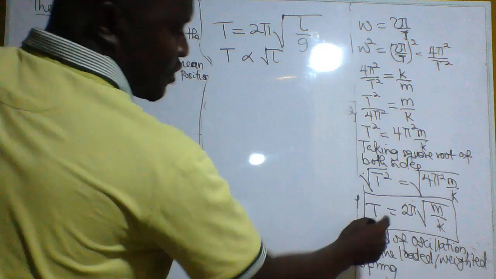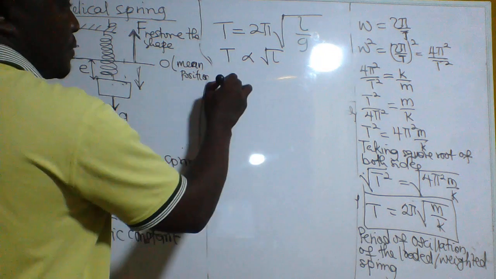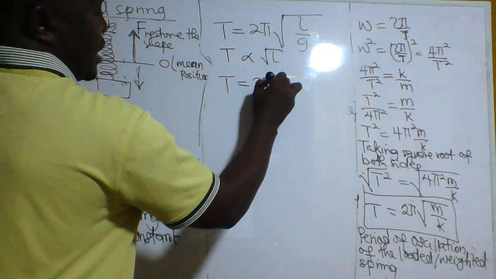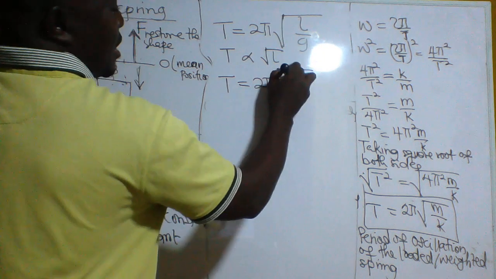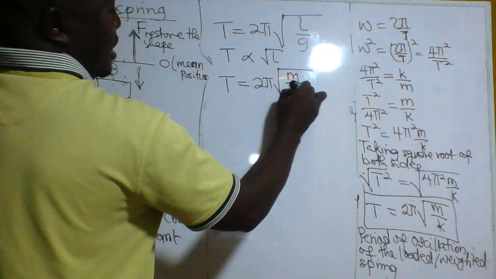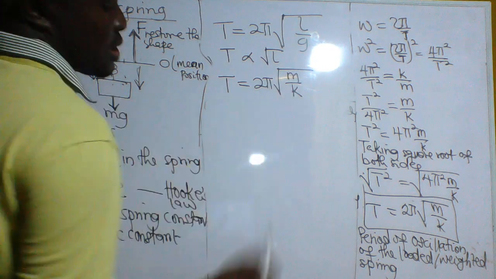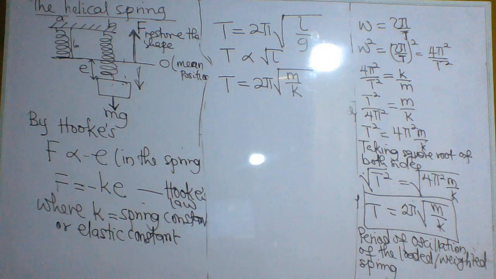Here the period of oscillation of the loaded spring T is equal to 2 pi times the square root of m over k. Here too, k is constant. k is a natural property of every different spring.